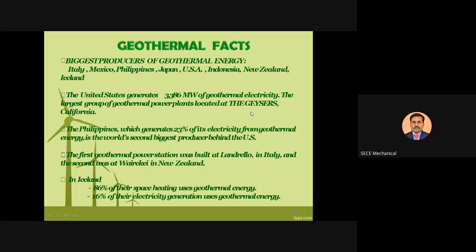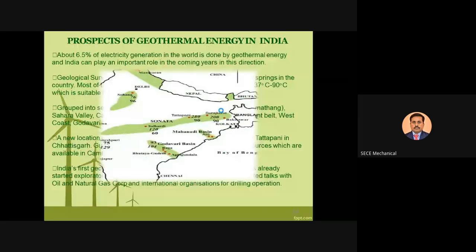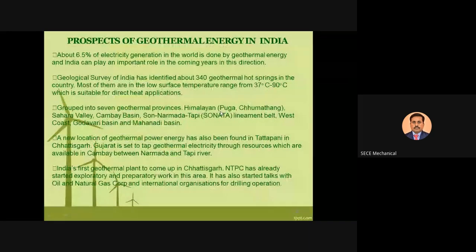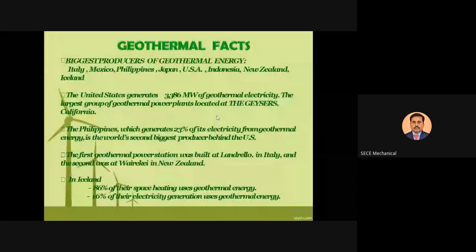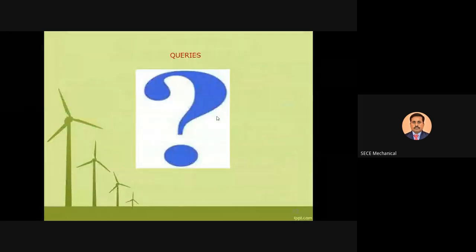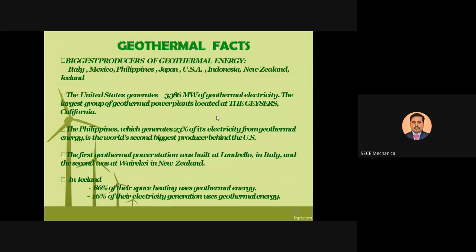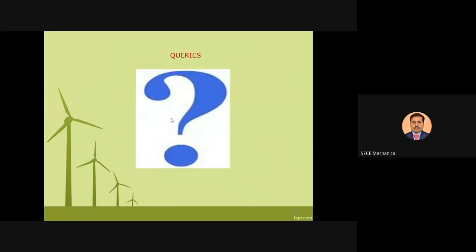In India, only a little geothermal energy is used for power generation. Now we are only starting the power plants. The first power plant is in Chhattisgarh, that is Tatapani. So that's all about the geothermal power plant.